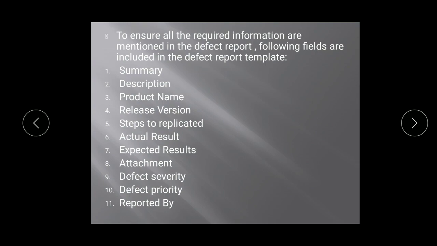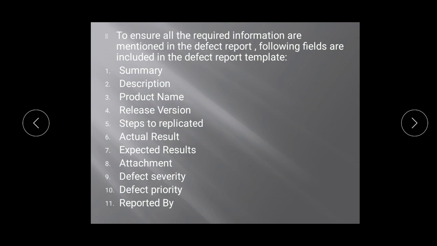These are the fields taken into consideration while writing a defect report template. First is the summary: a one-line heading of the defect, concise and to the point, saying what problem there is in one line. Then the description, explaining briefly the defect or problem which is occurring.